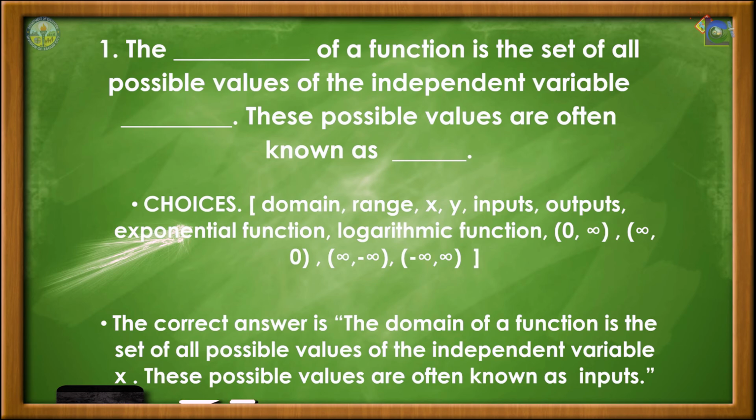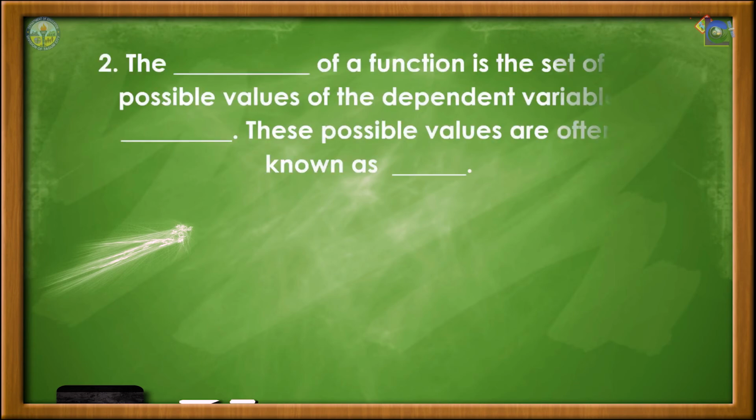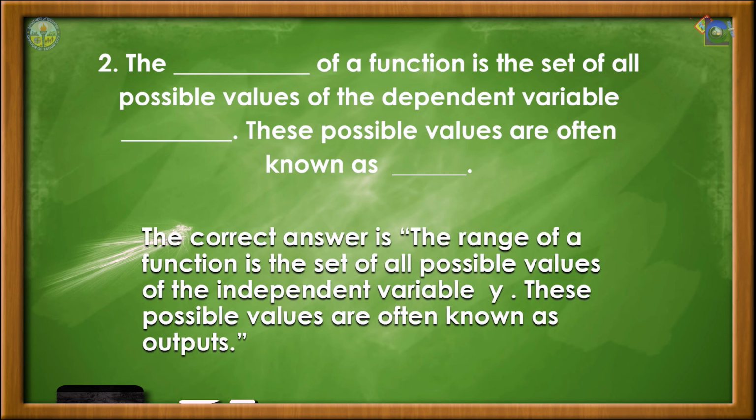These possible values are often called inputs. Statement number 2. The correct answer is, the range of a function is the set of all possible values of the variable y. These possible values are often known as outputs.